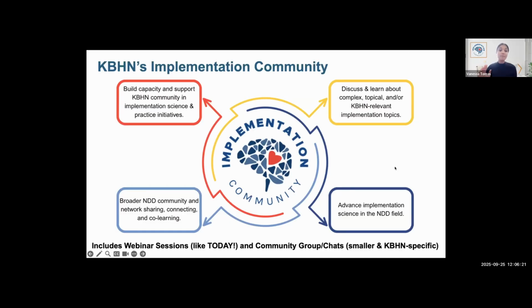The first is to build capacity and support Kids Brain Health Network, but also others working in the neurodevelopmental disability space in implementation science and practice, to discuss, ask questions, and learn about complex, topical, and/or KBHN-relevant implementation topics, topics we've heard from our community that have come up through different projects, learnings, and implementation projects.